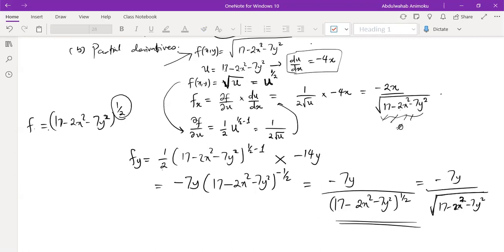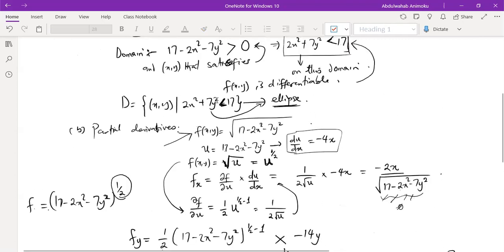So the boundary of this ellipse would not satisfy the differentiability condition; only when the inside of it is greater than 0 can we properly have partial derivatives and then the differentiability of the function.